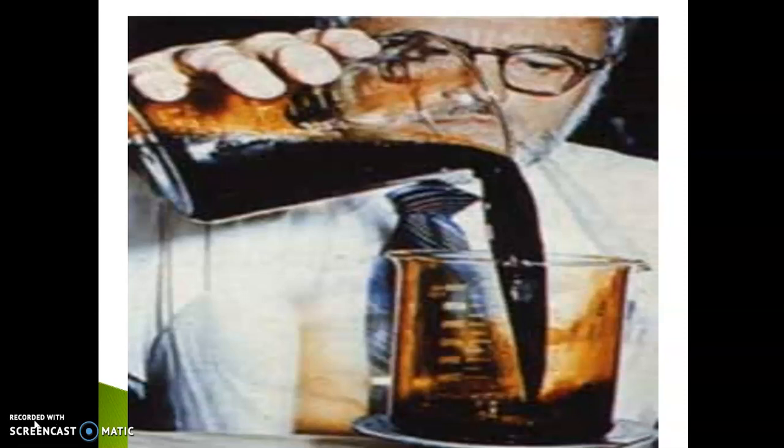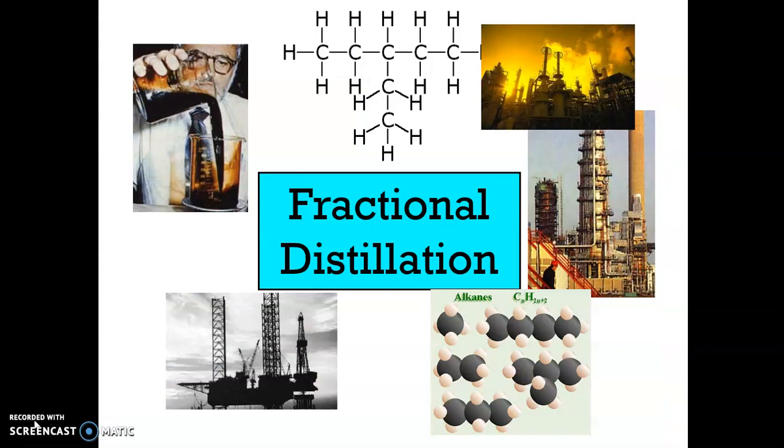It's a very thick black liquid that is made up of a combination of different things. We're going to look at how we extract the useful fractions from the crude oil, which is where the name of the process comes from. That's why it's called fractional distillation.